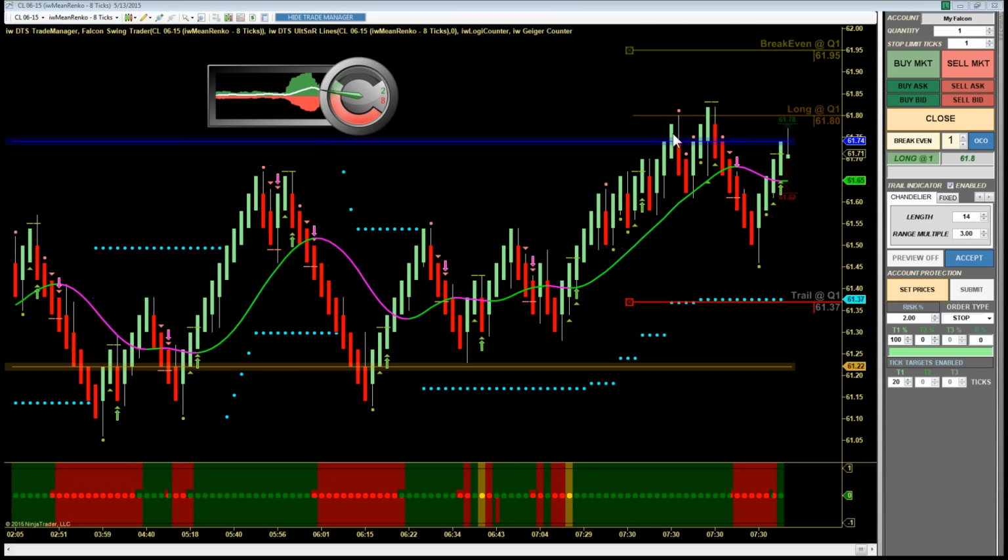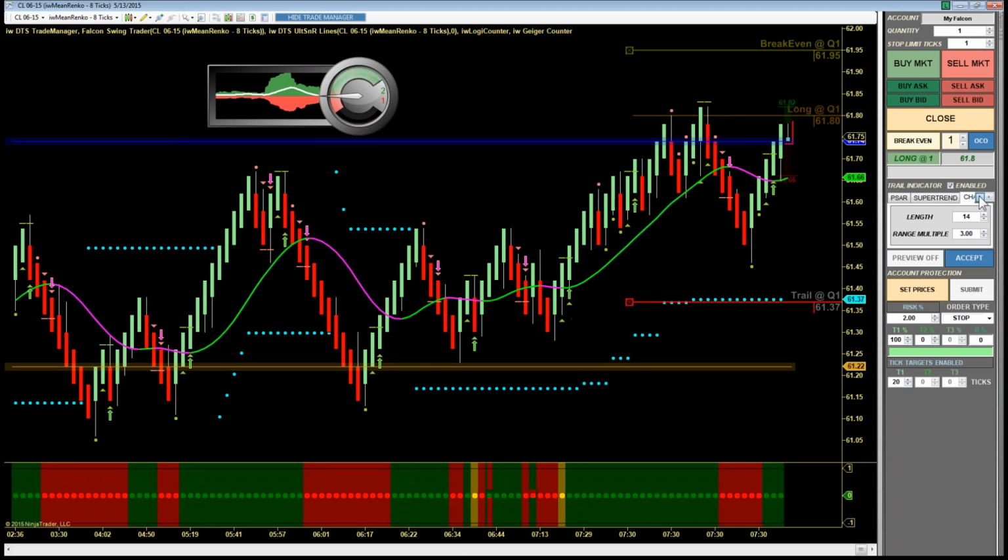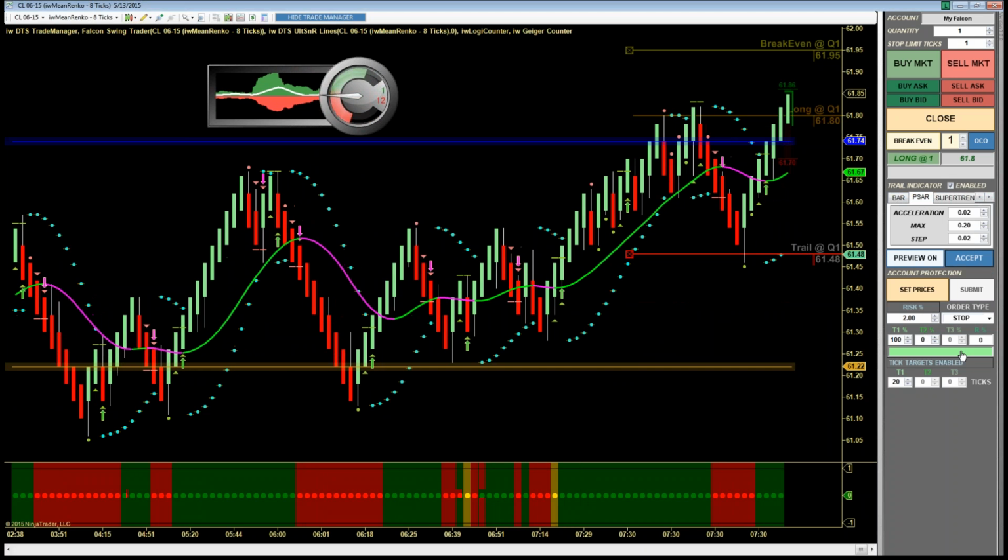Okay, so we'll see if the breakout holds to the upside or whether crude is in fact being crude-like. Okay, I'm going to go with the parabolics.